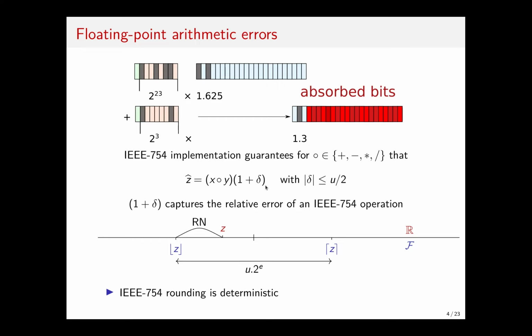So we have this delta term, and the magnitude of the relative error is going to be at most u divided by 2, where u is the unit round off, and in fact corresponds to the precision of the architecture. So usually we are going to round to the closest floating point that is representable. So in the picture below, the exact result would be z, but z is not representable. So we are going to round down because z is closer to the lowest representable than to the highest one. And thus, IEEE 754 default rounding, round to nearest, is deterministic.